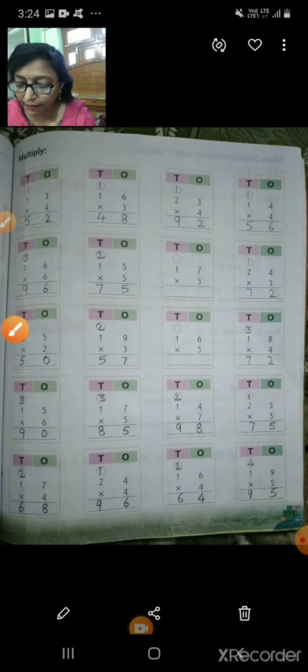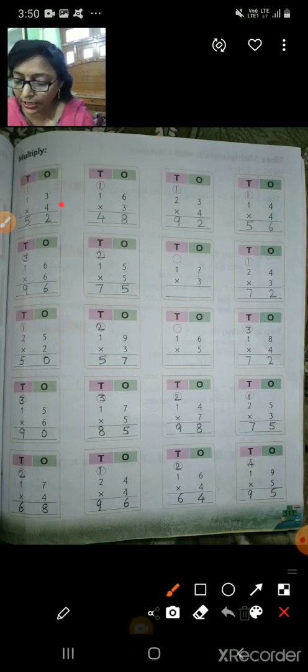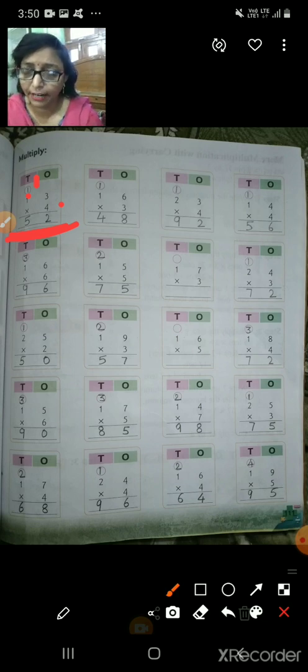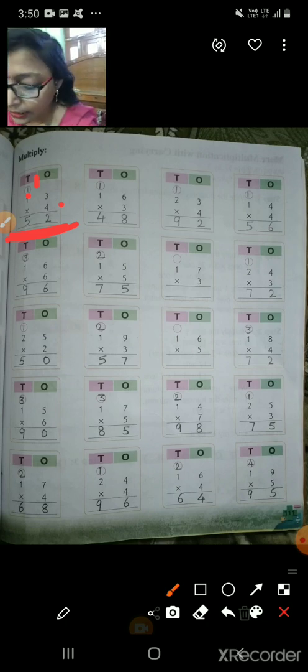Then again we will multiply 4 by 1. 4 1s are 4 and here the carrying number is 1. So we will add the carrying number to 4. So here will come 5, 52. The answer will be 52.